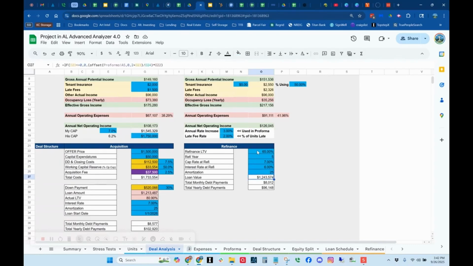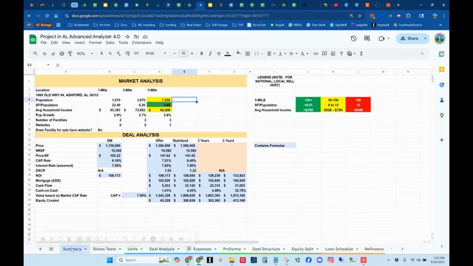And that loan value at the time of refinance will give you your new debt payments each month and your annual debt service at $96,000. And in that aspect, that's how you do all the data entry to come up with your summaries.